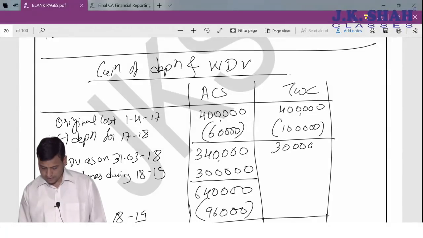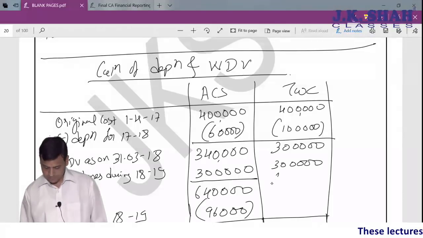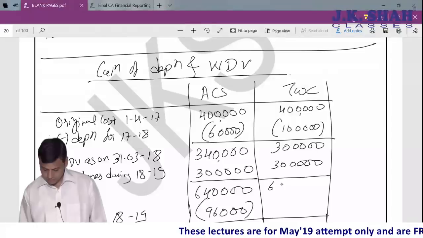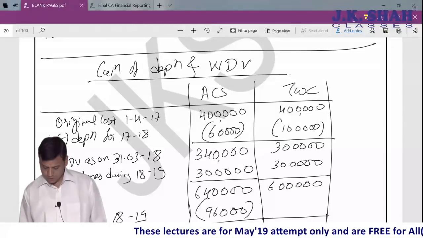So we have 3 lakhs. Then again you purchase 3 lakhs. So we have 6 lakhs.